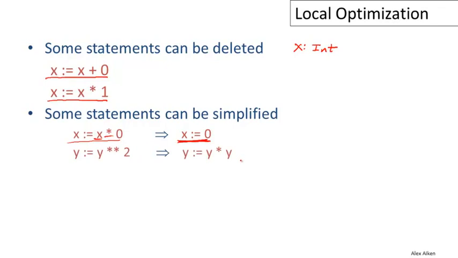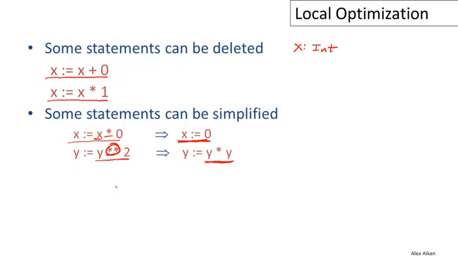So this is still a very worthwhile transformation to do. An example that's almost certainly an optimization is replacing the exponentiation operator, raising a value to the power of 2, by an explicit multiply. So here we're computing y squared, and over here we just replace that by y times y. Why is this a good idea? Well, this exponentiation operator is almost certainly not a built-in machine instruction.